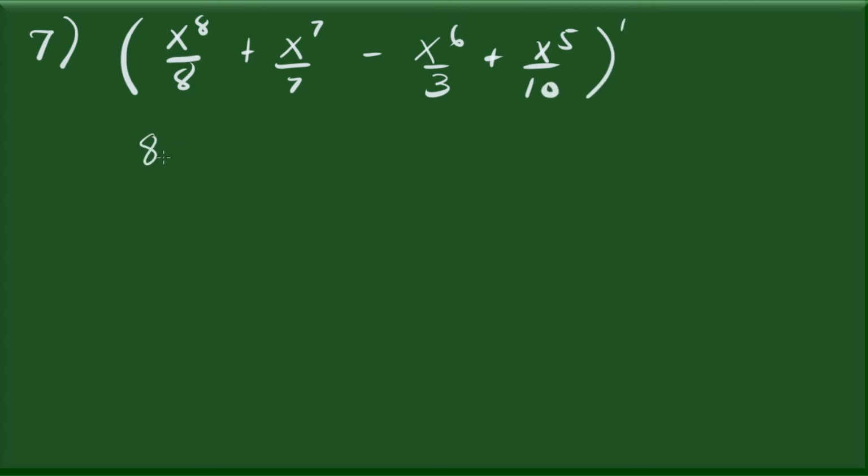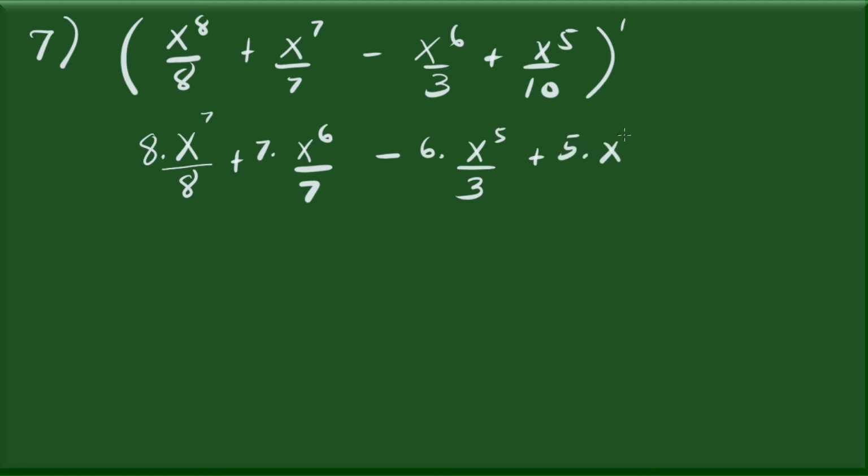We say 8 times x to the 8 minus 1 over 8 plus 7 times x to the 6 over 7 minus 6 times x to the 5th over 3 plus 5 times x to the 4th over 10.